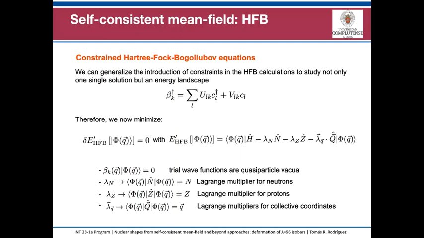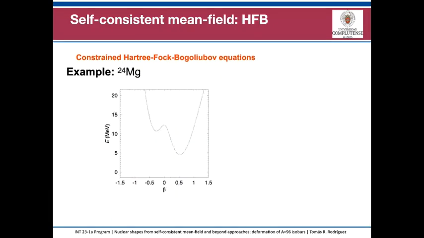Okay, so let me go to one slide here. So then what we can do is this. I want to take magnesium-24, 12 protons and 12 neutrons, with the Gogny interaction, which is a normal and standard nuclear-nuclear interaction. Then I will solve this Hamiltonian, although it's not strictly a Hamiltonian, but let's call it that, using the variational principle with the Hartree-Fock-Bogoliubov approximation.